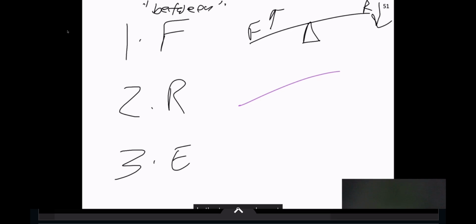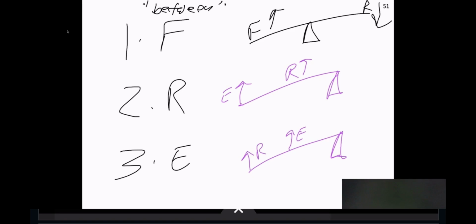In a type 2, we've got our fulcrum on one end. The thing that's in between is the resistance, and they're both going in the same direction. A type 3, the thing that's going in between is the effort. The other end is the resistance. Type 1, type 2, type 3, the thing in between.